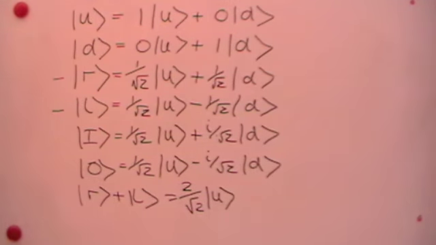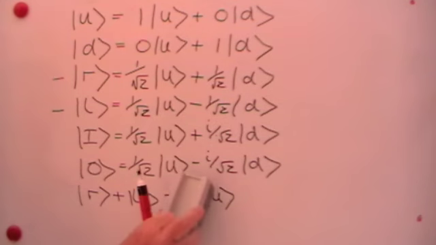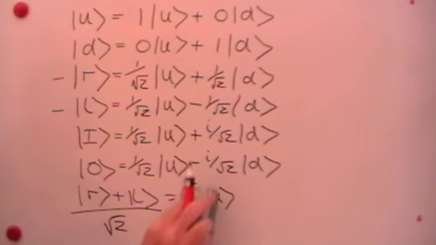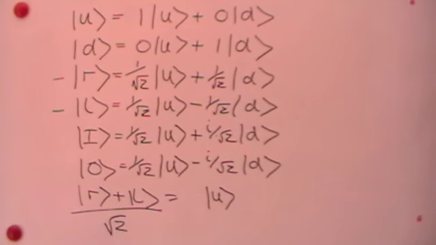So here you've now got right plus left equals 2 over root 2 times up, and 2 over root 2, of course, is simply root 2. If I divide both sides by root 2, then that goes. And now I've got up expressed in terms of right and left.